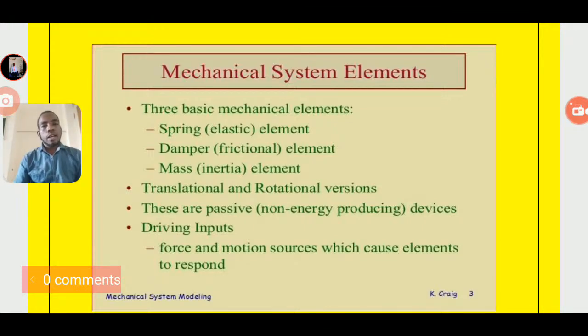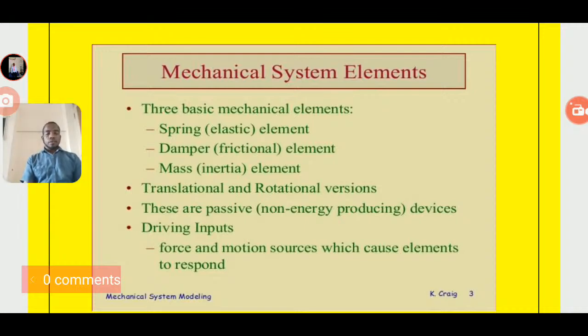As we know, inertia is related to Newton's second law. Newton's second law says that the force applied is equal to mass times acceleration, the law of inertia.